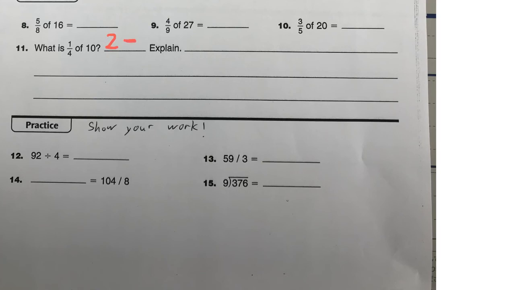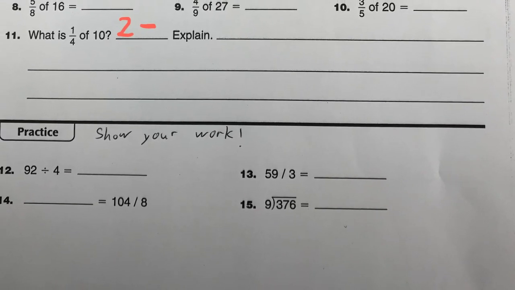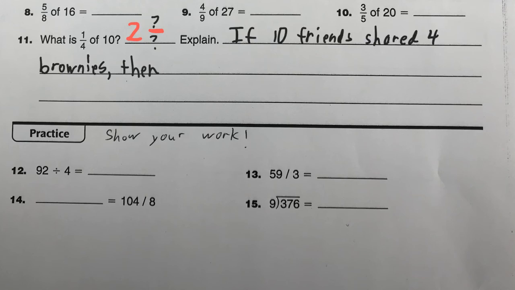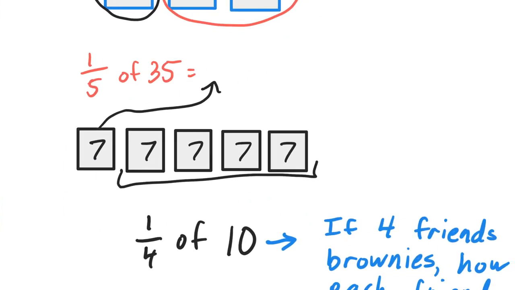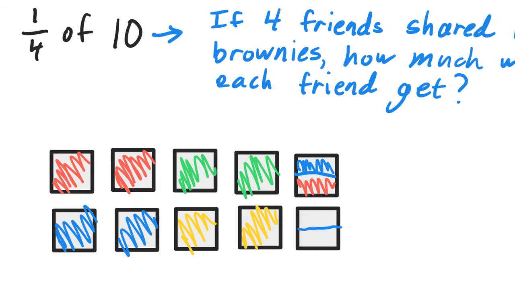So what fraction was left for people to get? And for your explaining, you could just write something like what we just did. So if 4 friends shared 10 brownies, then each friend would get, and to figure out the fraction there, just look at how we split up the brownies. What is this fraction that's blue or red? What fraction does each person get in addition to the 2?